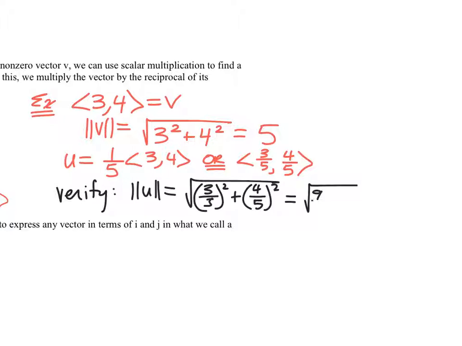So 9/25 plus 16/25 is going to be 25/25, which is 1. The square root of 1 is 1. So we just created a vector that has a magnitude of 1.